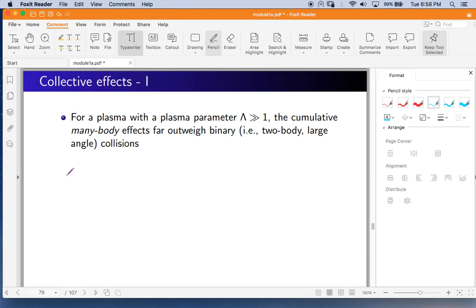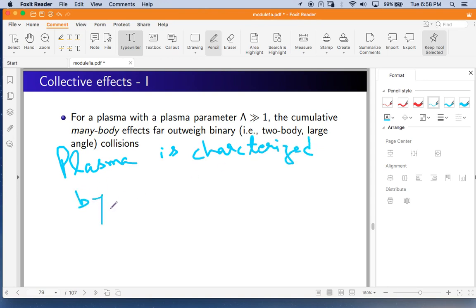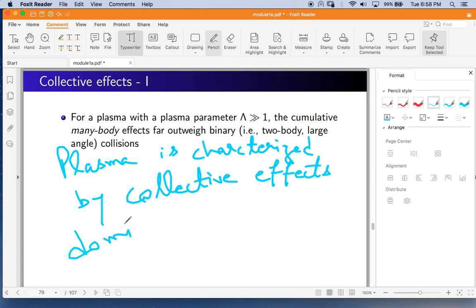A plasma is characterized by collective effects dominating over two-body ones.